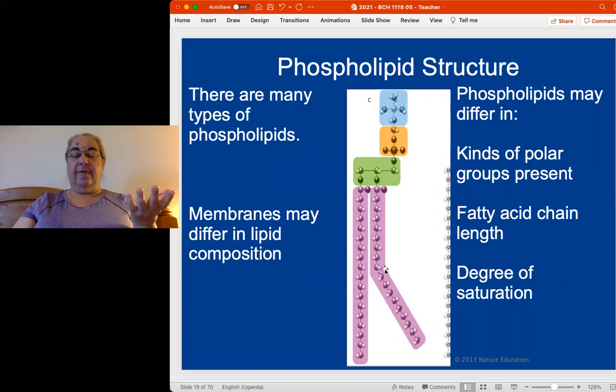You'll learn exactly what that means in the main biochemistry in a few weeks' time. But overall, this structure of having a hydrophilic head and a hydrophobic tail is common to all phospholipids.